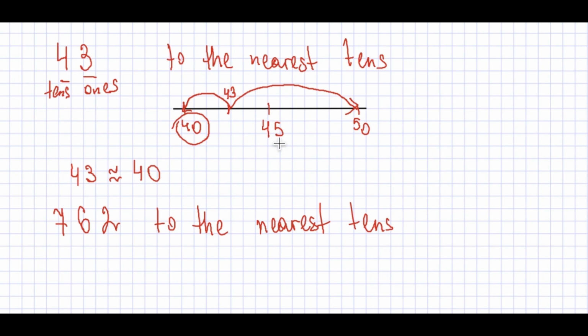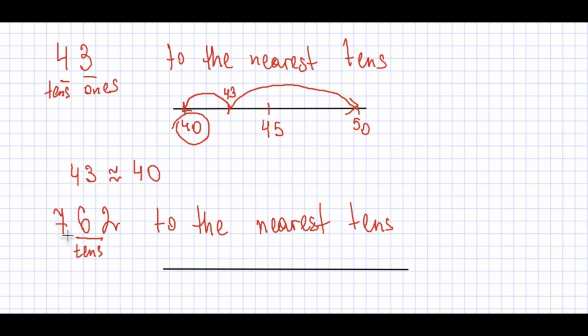First of all, we have to find out the tens place. As we see, there are three digits, three places, so 6 is on the tens place. So we have 60 something. Okay, now when we draw a line, we look at the tens part, it is 60 something. 62 is between 60 and 70.